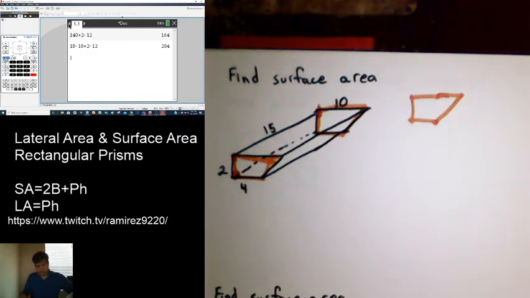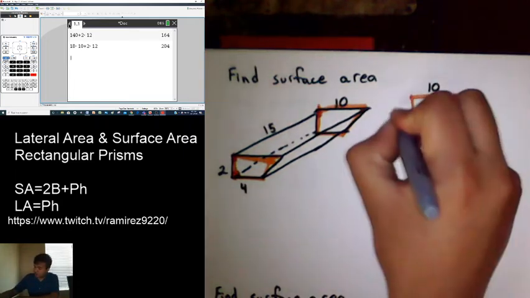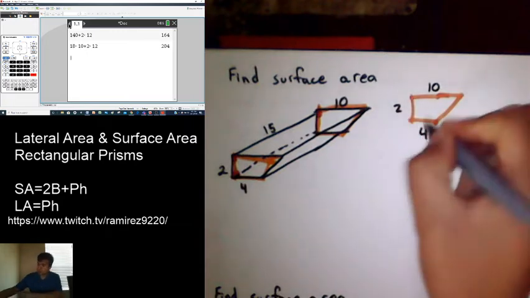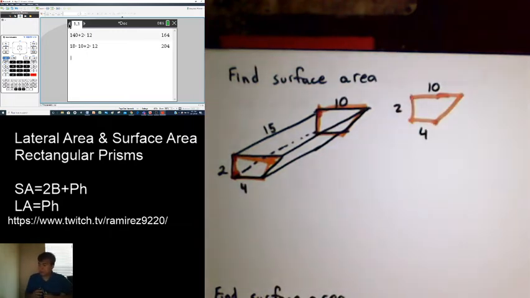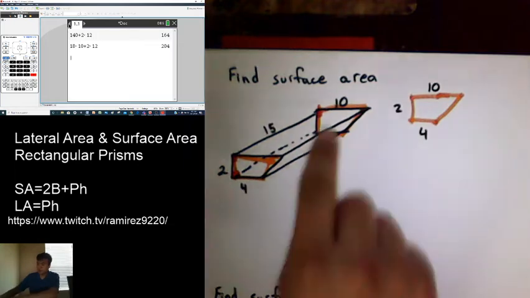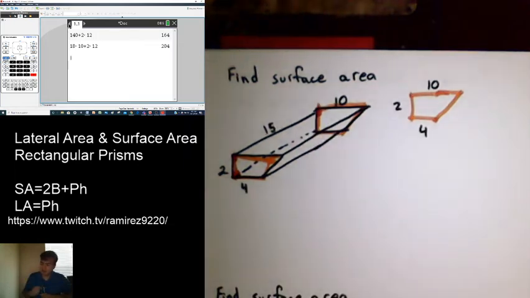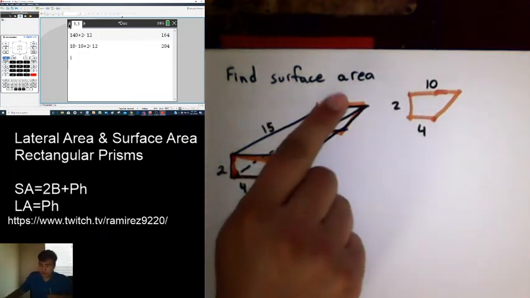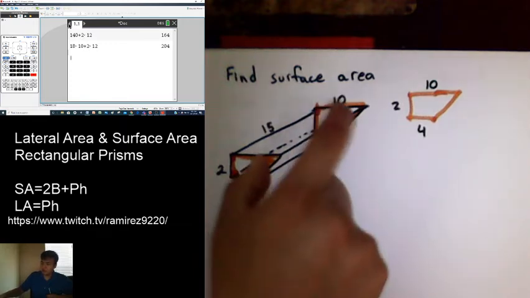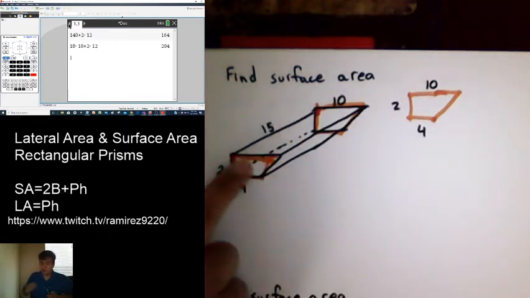And on our base, we know that this is 10, this is 2, and this is 4. I want to remind you again that the reason I know this is because our bases are parallel and congruent. I know the 10 is over here, all the way over there, but since these two shapes are the same, that's also 10 right there.